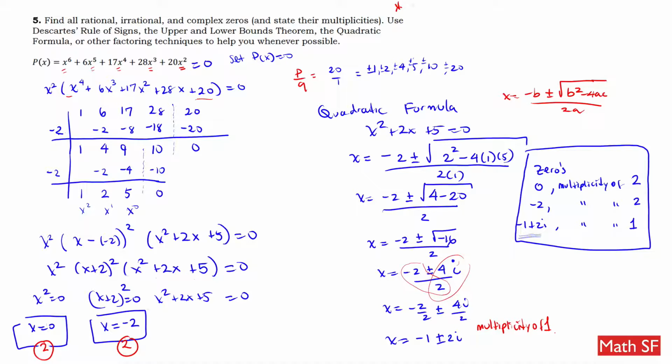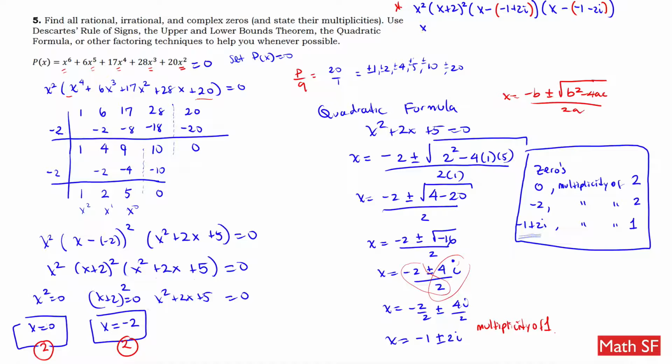It will be the x squared that I have there, times (x plus 2) squared, and then times (x minus, this is the hardest part, be careful with this part here, minus the first complex, negative 1 plus 2i), and then also (x minus the second complex here), which will be negative 1 minus 2i.